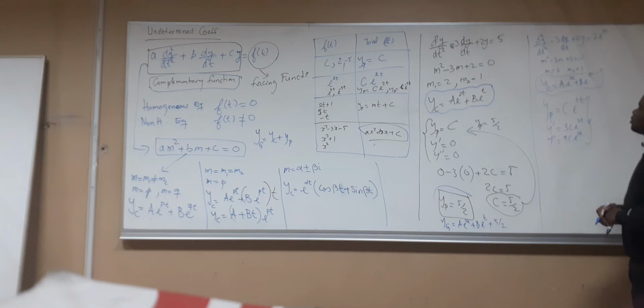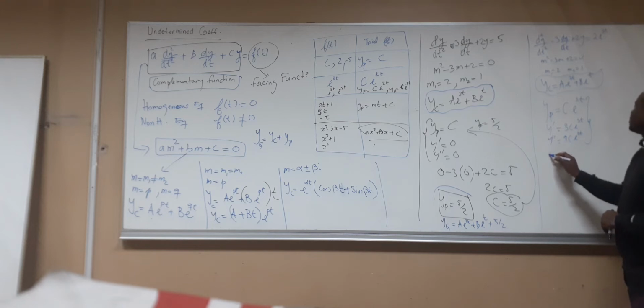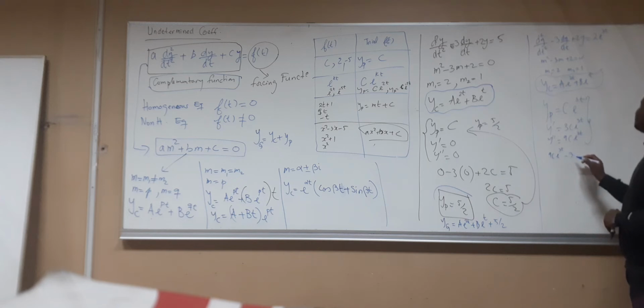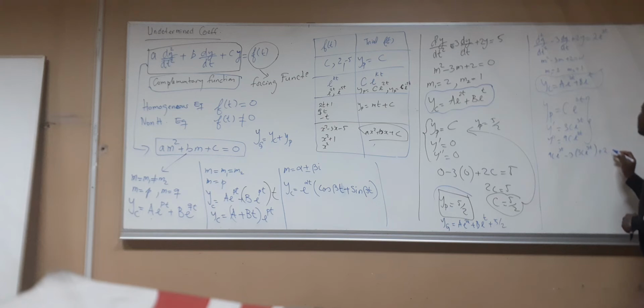So our original equation will become: the second derivative, which is 9c e to the power 3t, minus 3 times my first derivative, which is 3c e to the power 3t, plus 2y. What is y? y equal to c e to the power 3t, equal to 2 e to the power 3t.